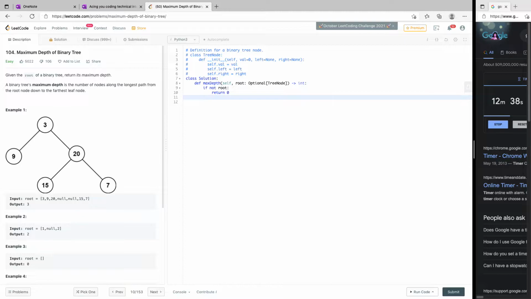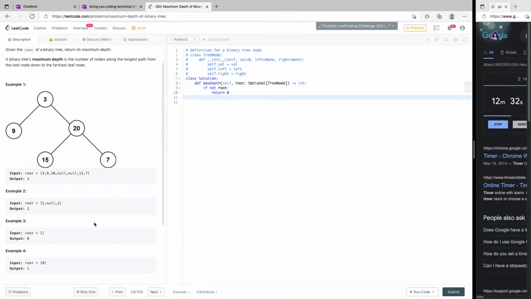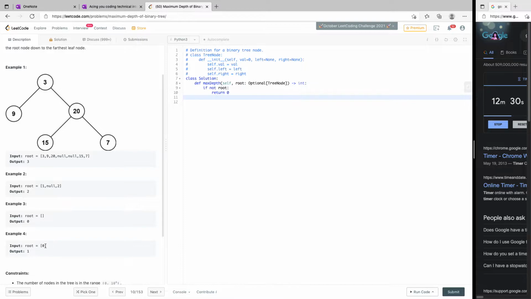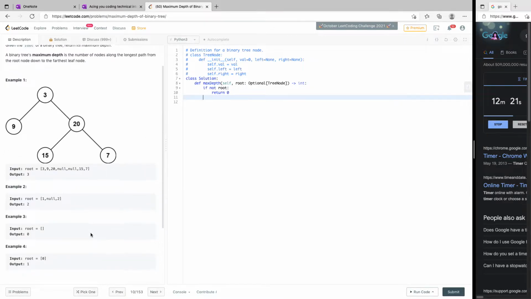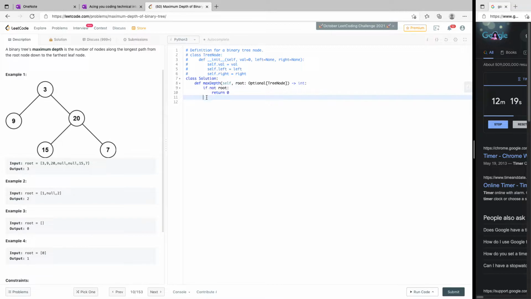Okay, what other base case can we have? If only the root exists and there is no left and right, then we return 1. So if the program gets to this stage, we know the root exists, so we won't get into a problem of null.